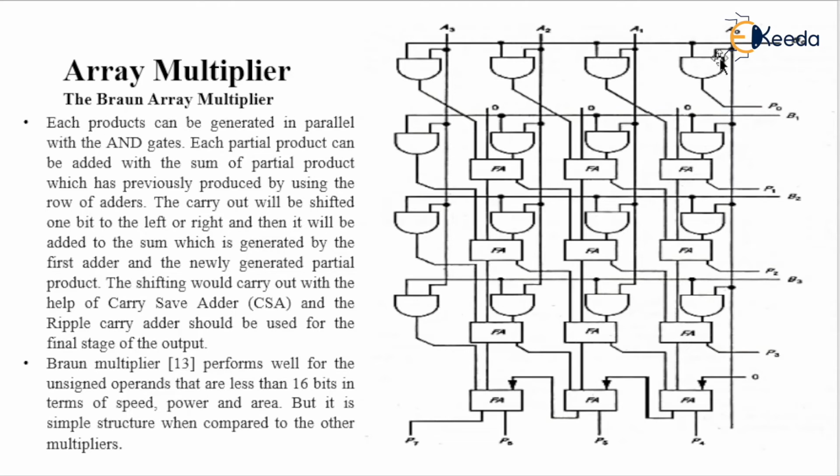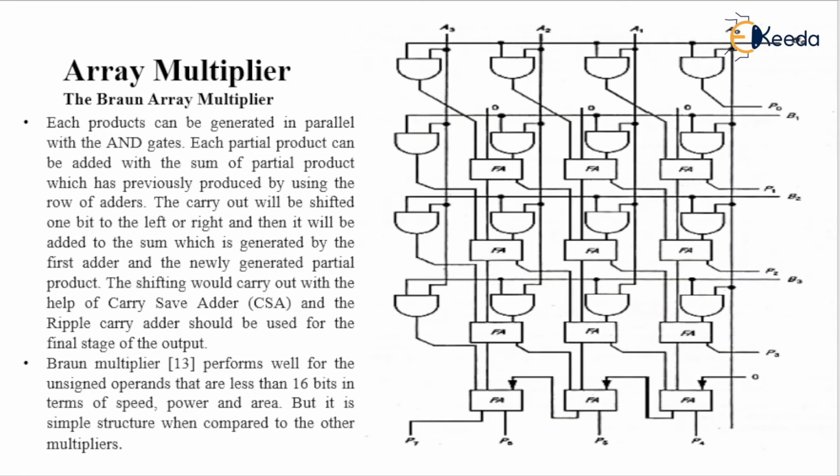So it is having 4 stages of AND gate array, and for every AND gate stage, there is an intermediate full adder circuit. Those full adder circuits are represented with FA here.